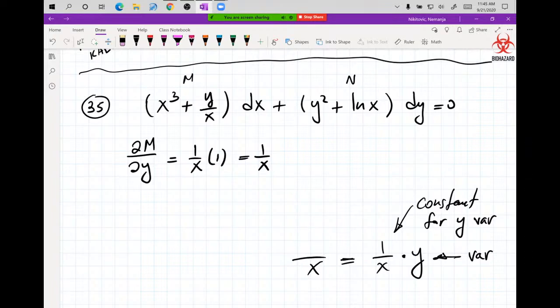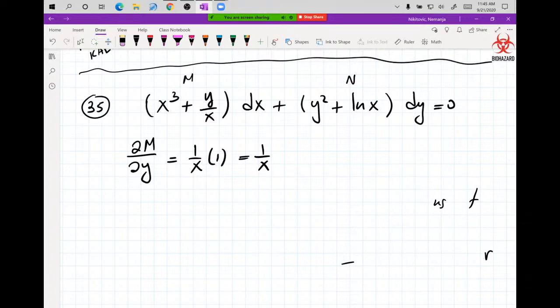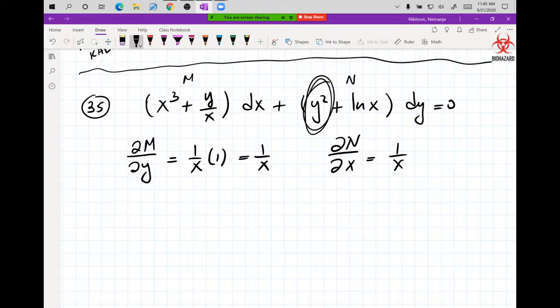So when I get rid of all of this, and you can go back in the YouTube video and watch it again, I'm going to now take the partial N partial x, which is going to be just 1 over x, because there is no x in here, so the derivative is 0, and the derivative of ln x is just 1 over x. And we have a condition that is satisfied, because 1 over x is equal to 1 over x.